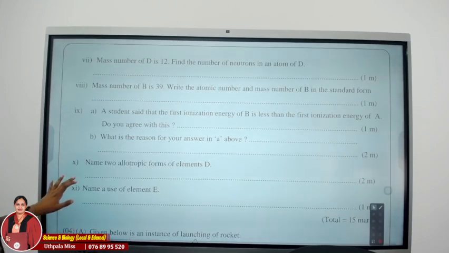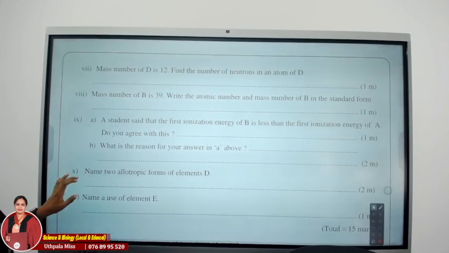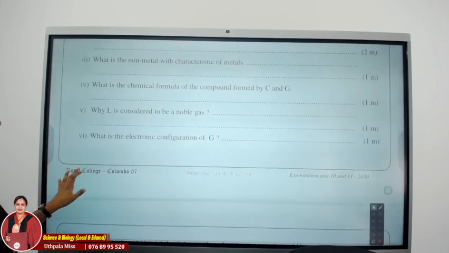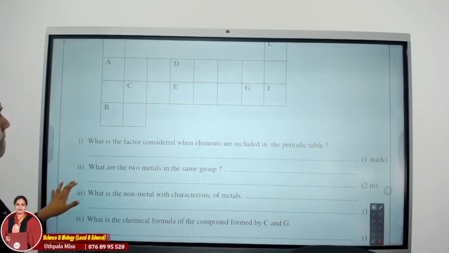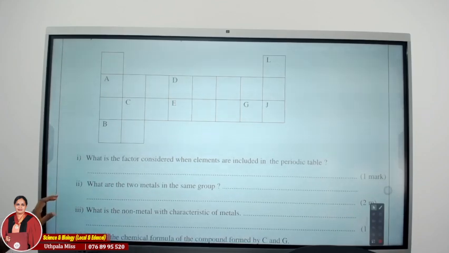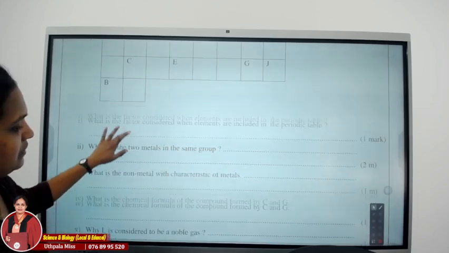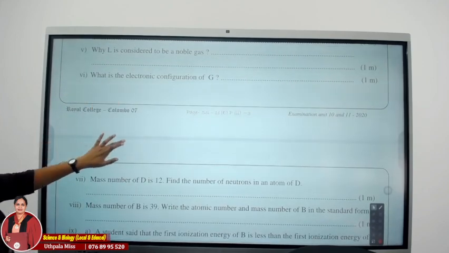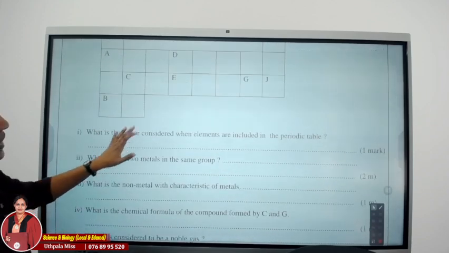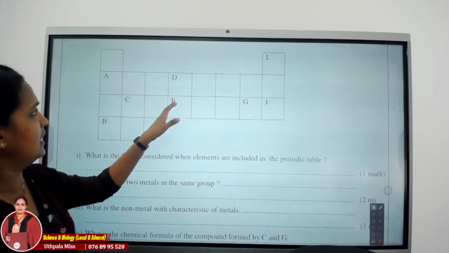The mass number of D is 12. Find the number of neutrons in an atom of D. Where is D located? D is here. They say the mass number of D is 12, right? Find the number of neutrons in an atom of D. We have to find out its atomic number, right?